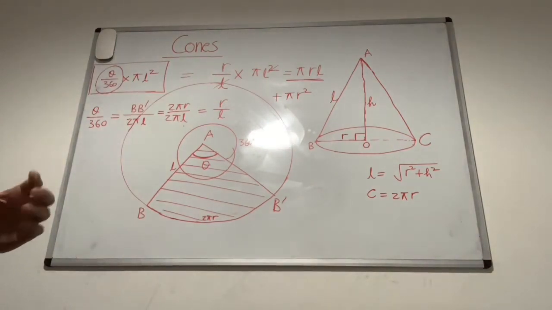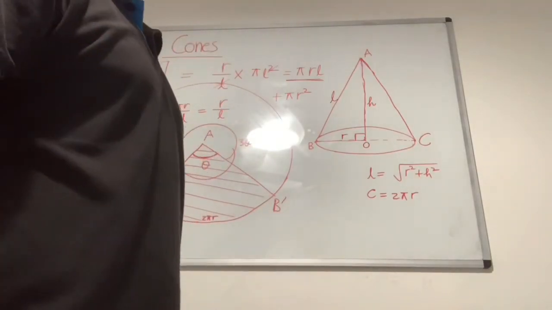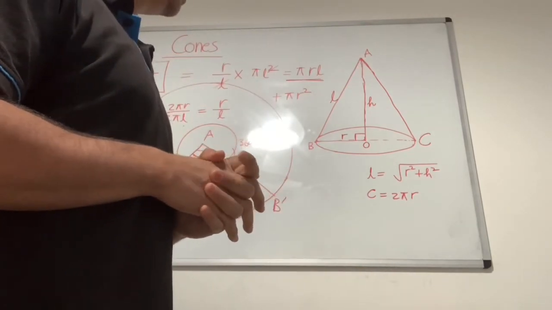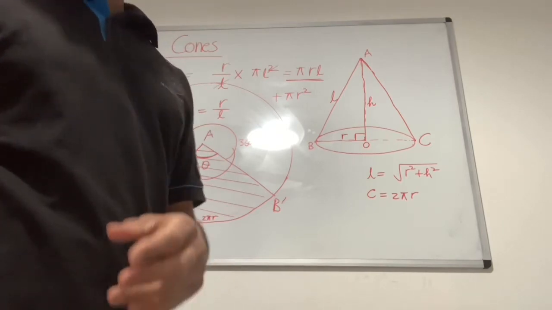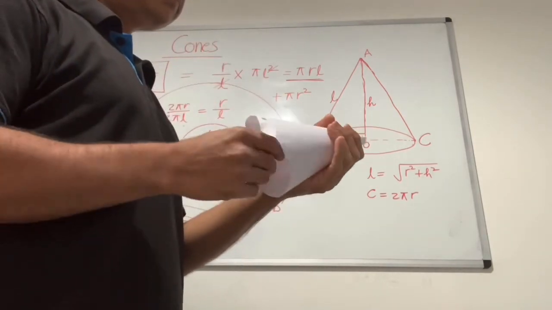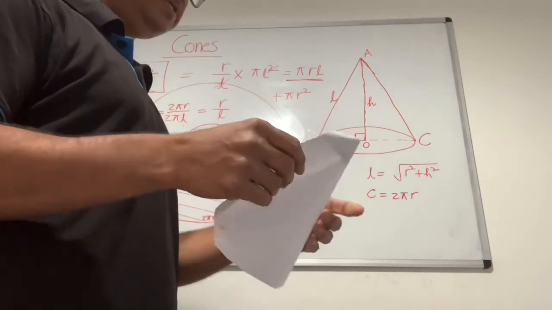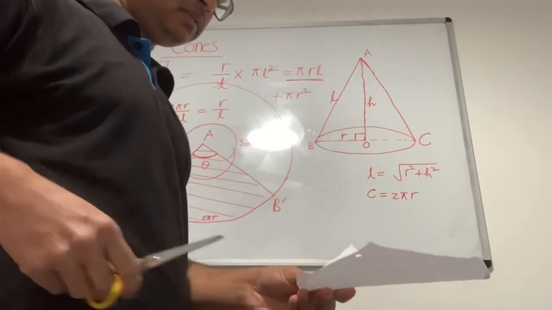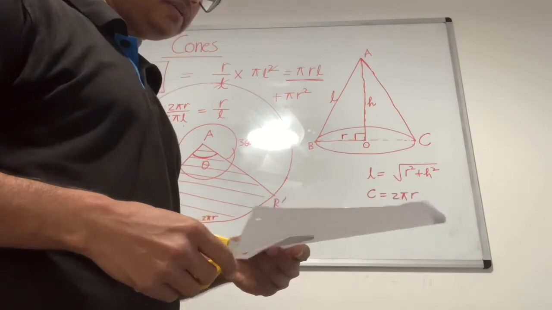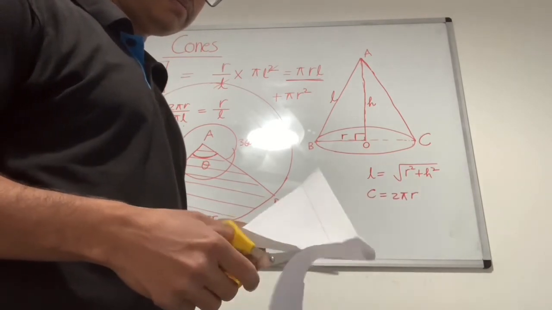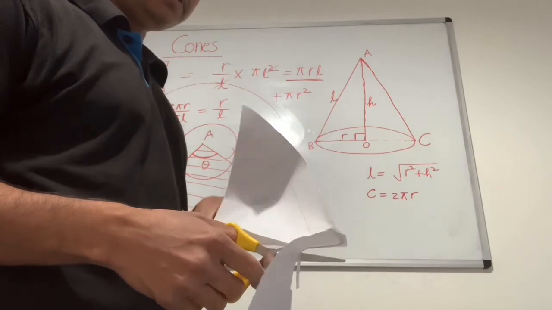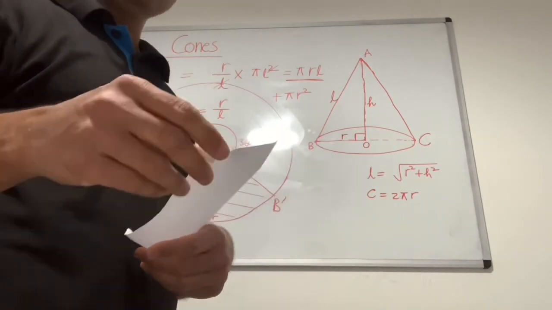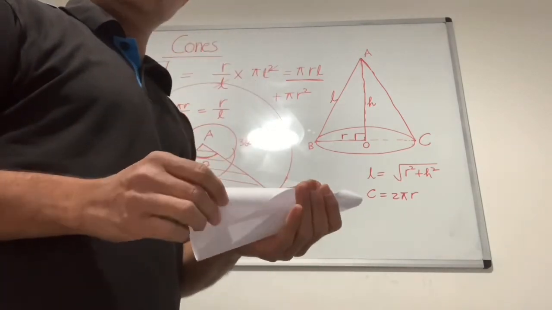Understood? So suppose you have to make a cone, the same way we were trying to make it here. So maybe you can do an experiment. Next time we should have scissors and everything with a proper sheet so that we can make it.